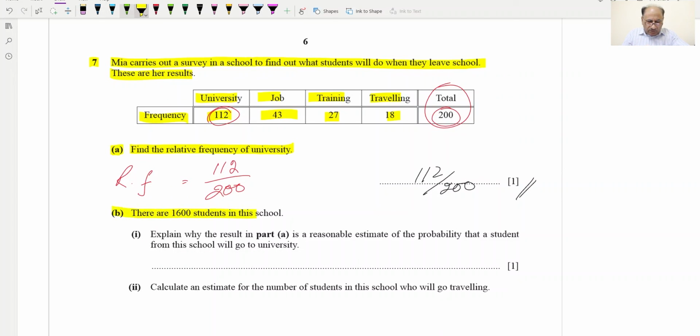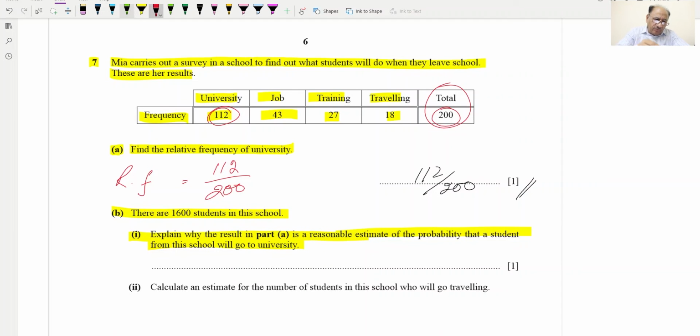There are 1,600 students in the school. Explain why the result in part A is reasonable as an estimate of the probability that a student from this school will go to university.